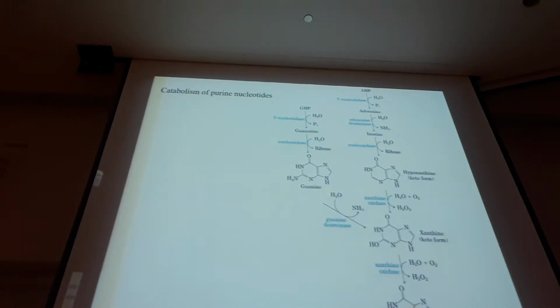Okay, remember when we talked about the de novo synthesis of purine nucleotides, I told you that birds actually secrete uric acid as a degradation product of purine nucleotides, but also to release excess nitrogen that comes from degradation of proteins. We know that we secrete excess nitrogen from degradation of proteins as urea, but we also produce uric acid because that's a degradation product of purine nucleotide degradation.